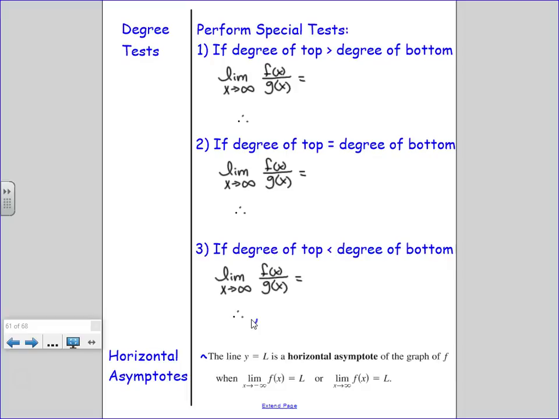Oh, we already learned this. That's why you're supposed to like section 1.